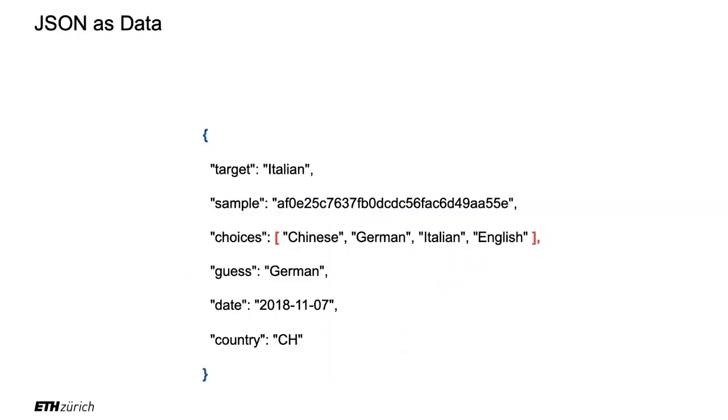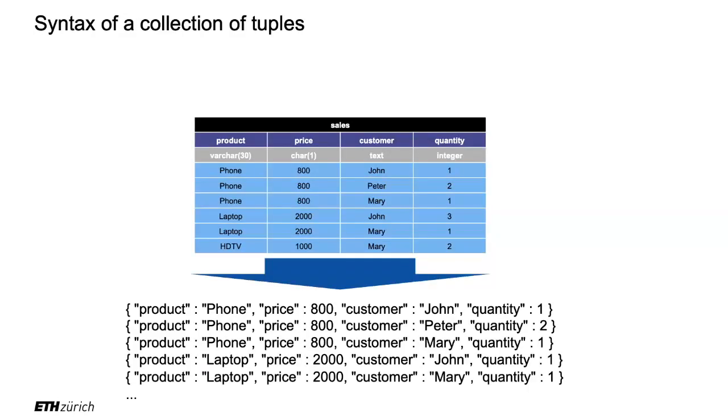All right, so now this is just one object out of a collection of 16 million. Now on another example, just to show you the relationship between a relational table and a collection of JSON objects. Here, what I want to show you is that a relational table is a special case of a collection of trees. It's a special case of a collection of JSON objects. It's a special case for two reasons.